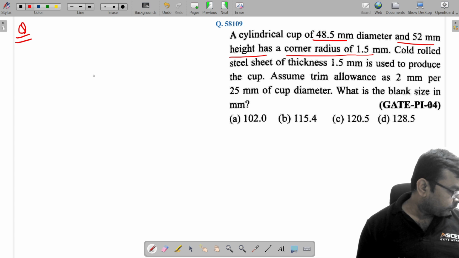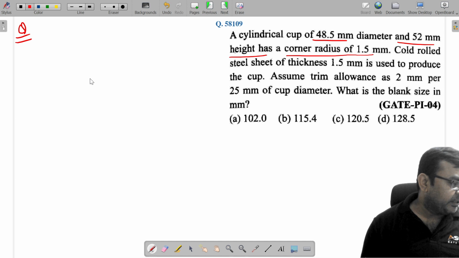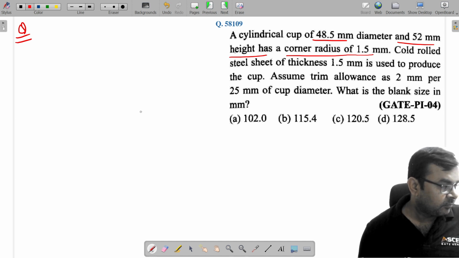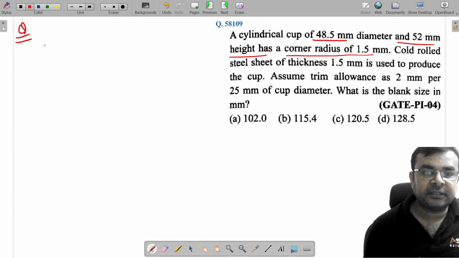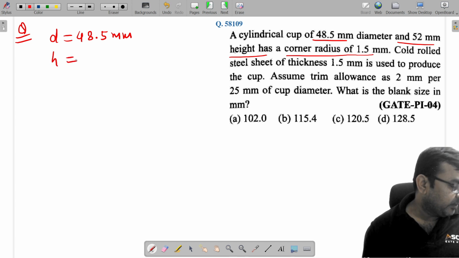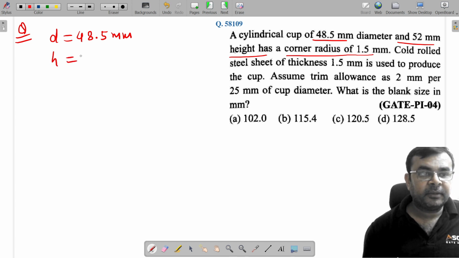Actually, if you calculate the size of the blank without using any clearance, you will get the same answer instead of using the corner radius. So you just see it. The cylinder cup diameter is 48.5 mm, and the height of the cup is given, that is 52 mm.